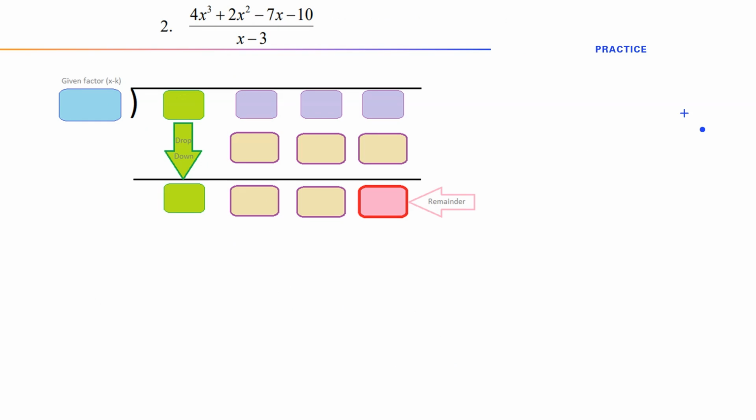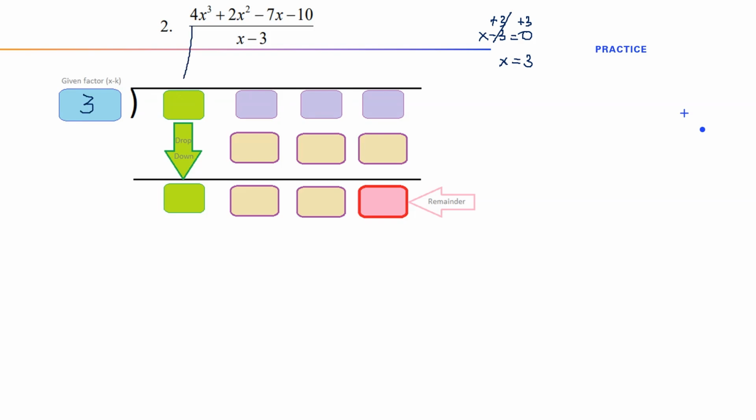Alright, so next questions will be write down the coefficients and also find the k, right? So we set x minus 3 equals 0, x equals 3 because we add 3 to both sides. So k is 3.